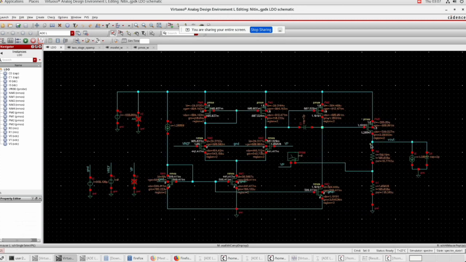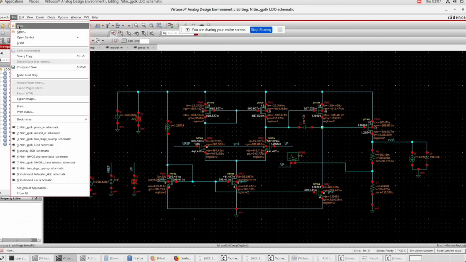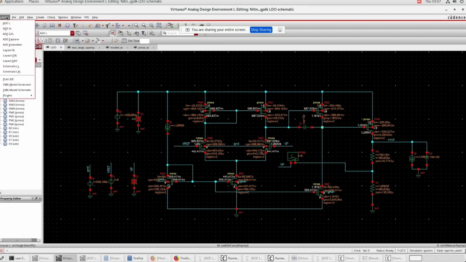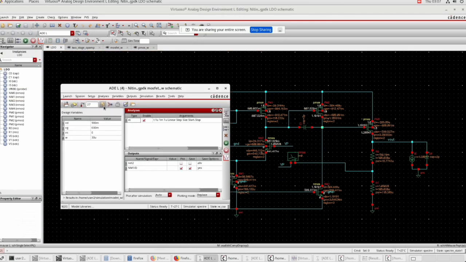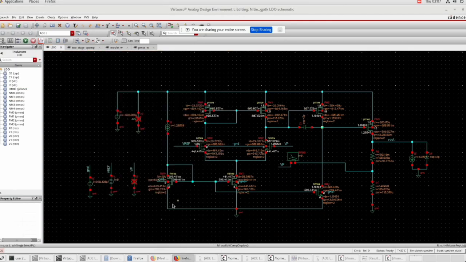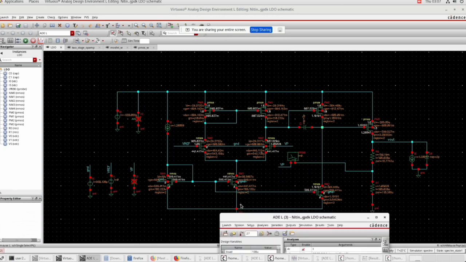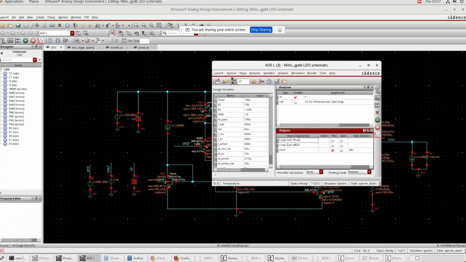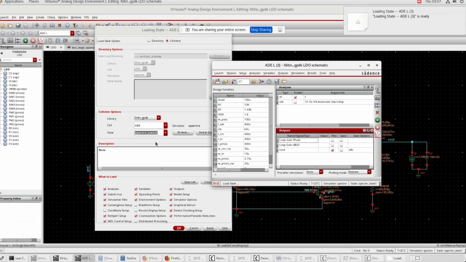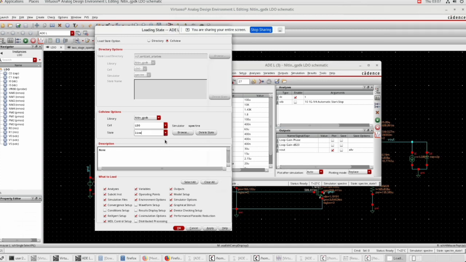And for this circuit, let us see the line and load regulation. First we'll see the line regulation.